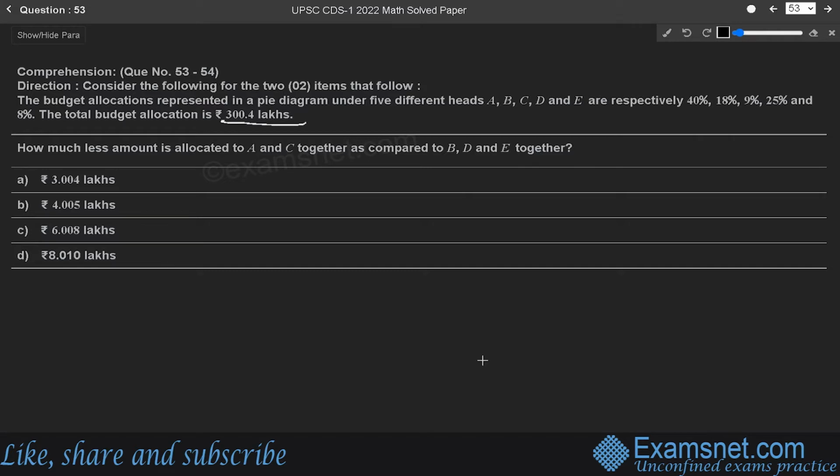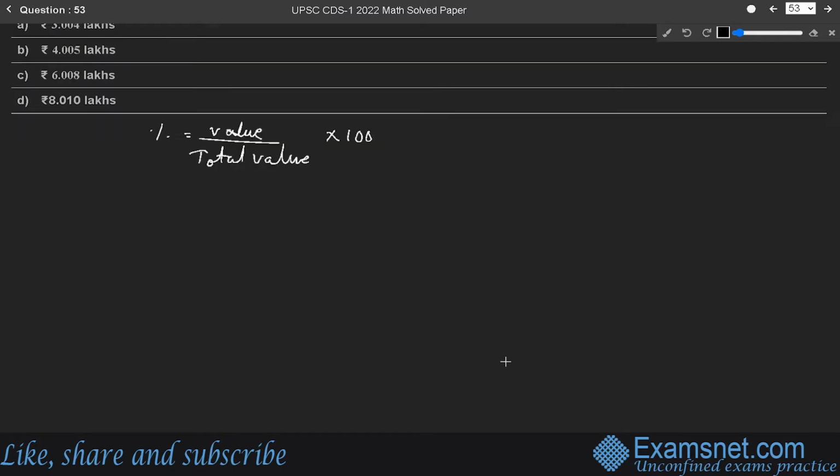It is given that the total budget allocated is rupees 300.4 lakhs and the budget is allocated to A, B, C, D and E with their respective percentage, and we know that percentage is equal to value upon total value into 100. So now let us find the amount for each head.